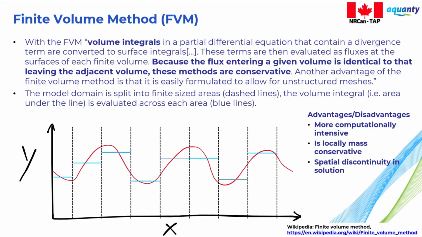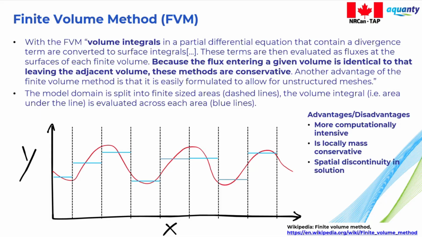Here, instead of evaluating the function at a singular point in space, we're evaluating the integral of the function, or the volume or area under the line over an element itself. These blue lines here are meant to represent the equivalent area under the red line within each of these elements.